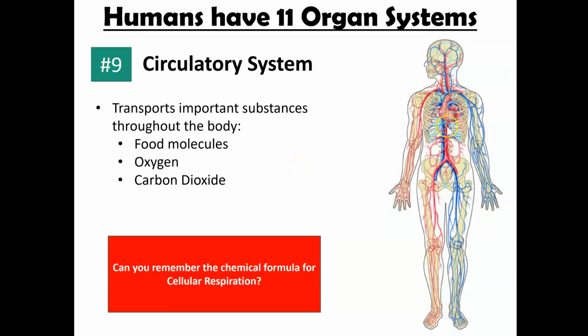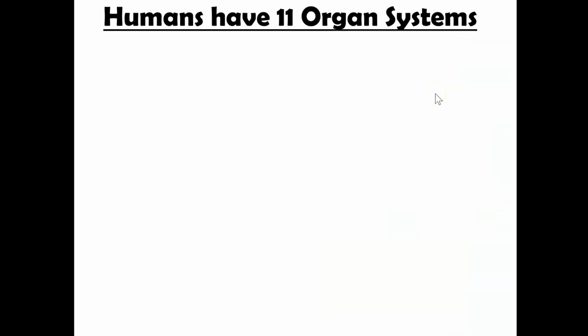And that circulatory system includes all the veins and the arteries and your heart and the very thin blood vessels known as capillaries, which connect the arteries and the veins together.